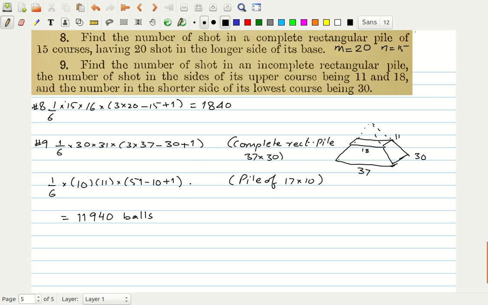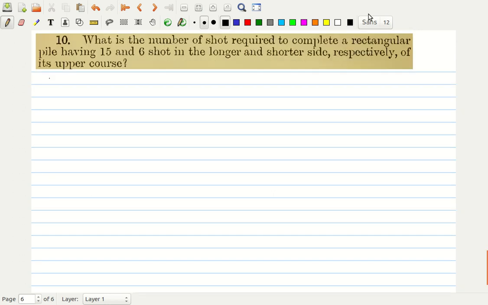Okay, all you have to do is subtract this from this. And this is the last problem that we will do in the same video, because this is also a very easy problem. What is the number of shots required to complete a rectangular pile having 15 and 6 shots in the longer and shorter side respectively of its upper course?